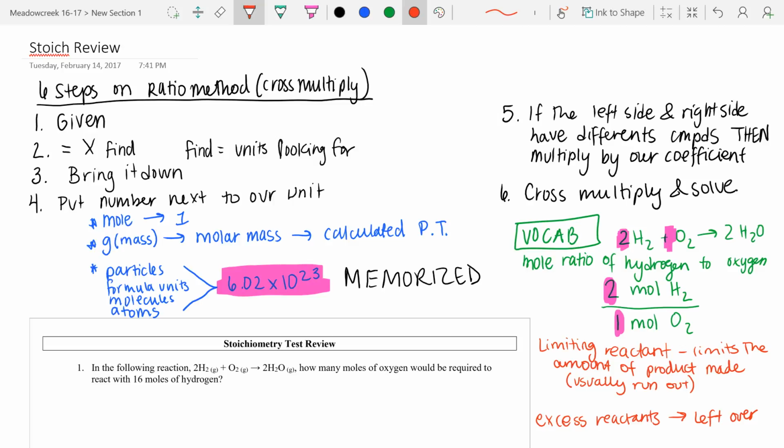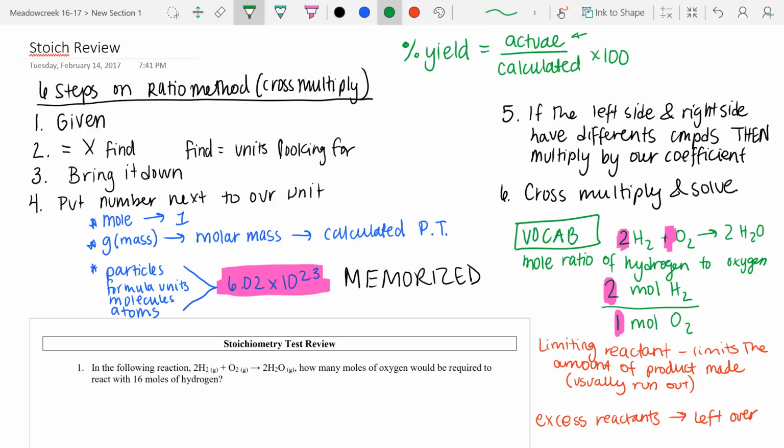All right. Oh, one other thing is remember, you needed to memorize your percent yield formula. So percent yield is equal to your actual amount divided by your calculated amount times 100.